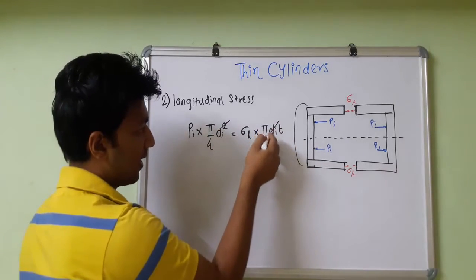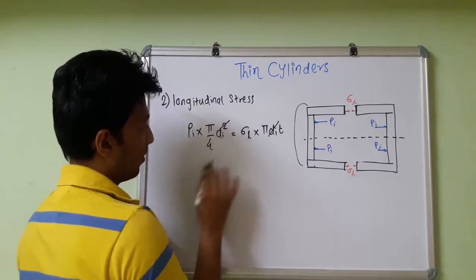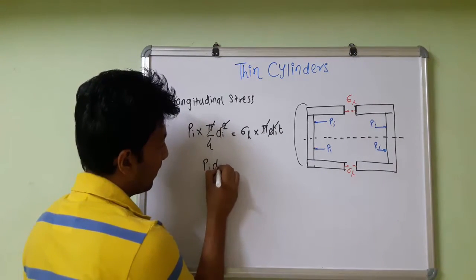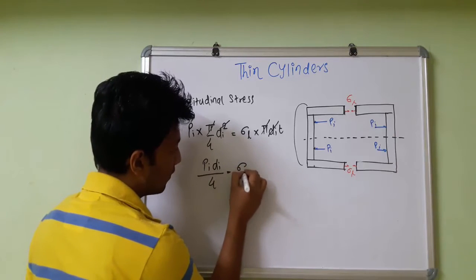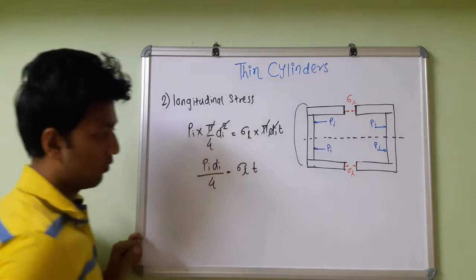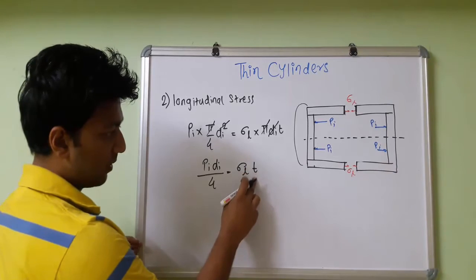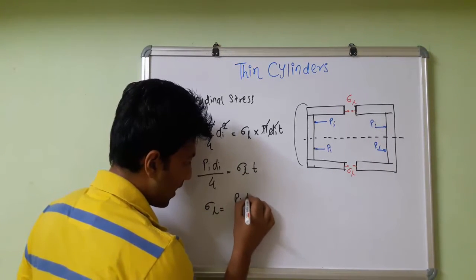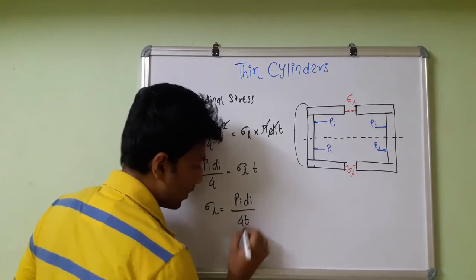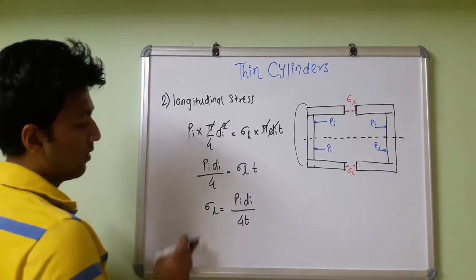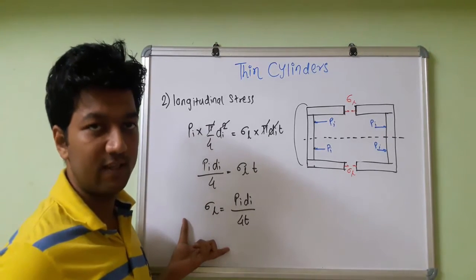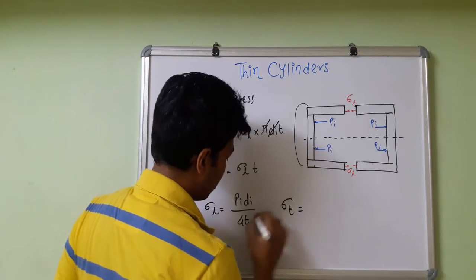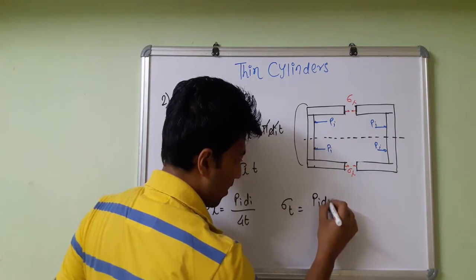Here di gets cancelled, pi gets cancelled, and the equation becomes Pi di by 4 equals sigma L into T. To find sigma L, we transfer T to this side, so sigma L equals Pi di upon 4T. This is the longitudinal stress for the thin cylinder, and the circumferential stress is Pi di upon 2T.